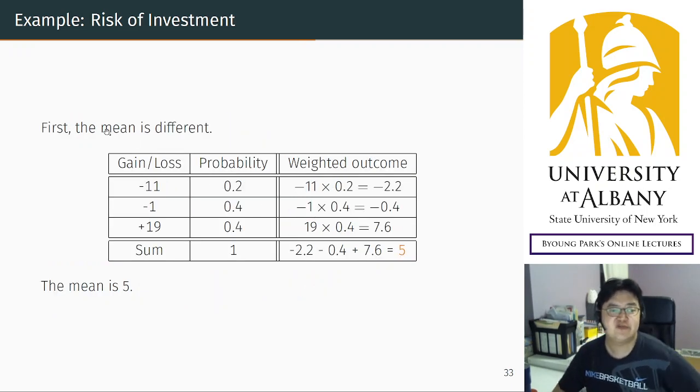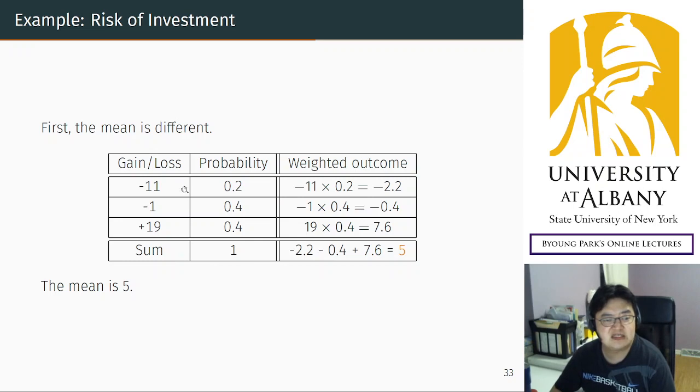First, you have to calculate the mean. The mean is different. Previously the mean was $6, but because of the $1 fee, the mean is $5 now. Or you may recalculate the probability weighted outcomes and sum them again, and anyhow you are going to get $5, right?